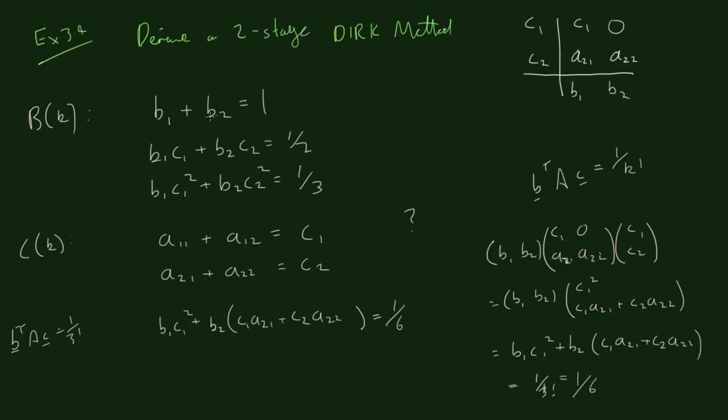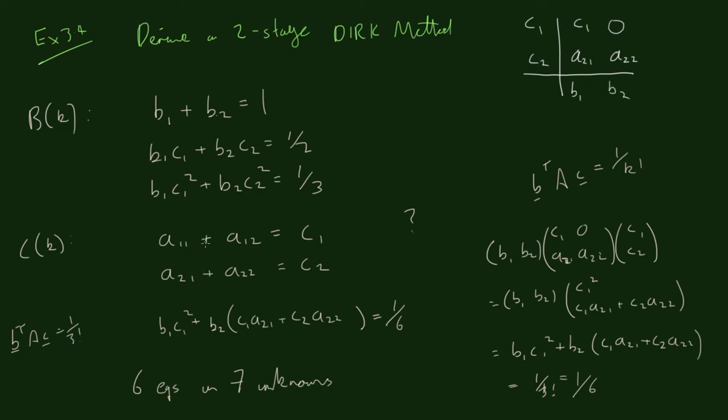So here we have 6 equations, and we have 7 unknowns. So we have an underdetermined system. We can't solve this without specifying one of these.